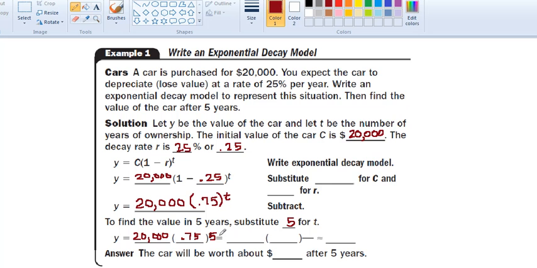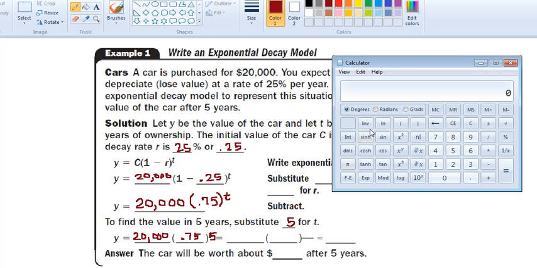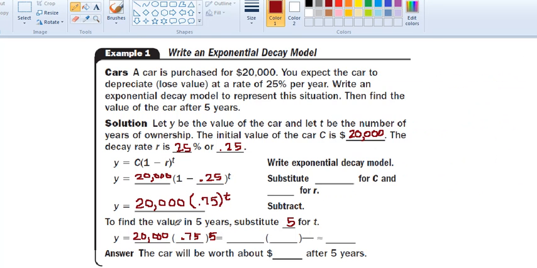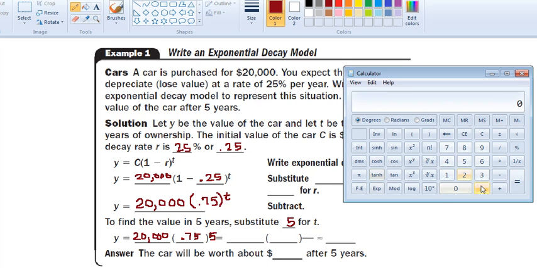Now, when you do this in your calculator, here's what you have to do. Make sure that you really do this first. Do this thing first, because order of operations tells us to do that first. So we're going to take 0.75, raise it to the 5 power, and we get 0.2373.